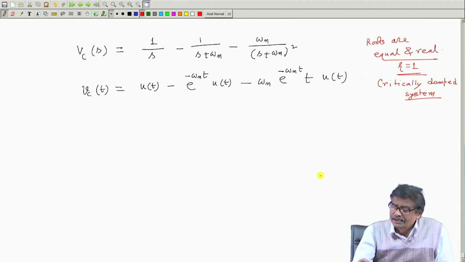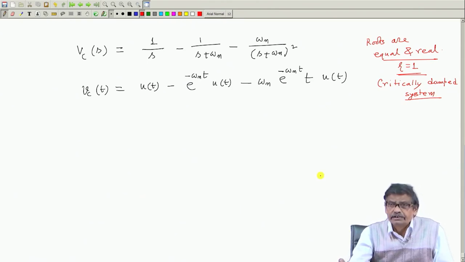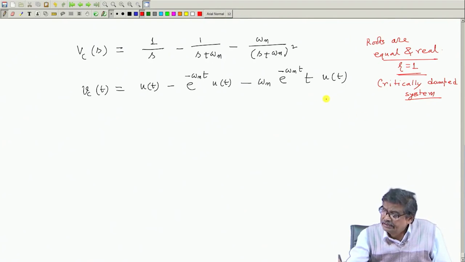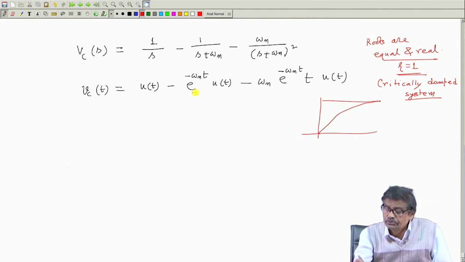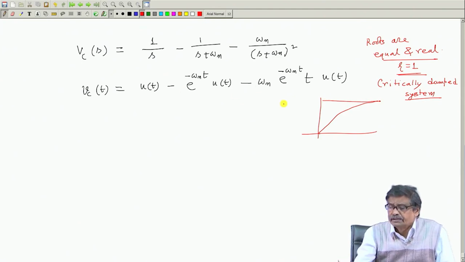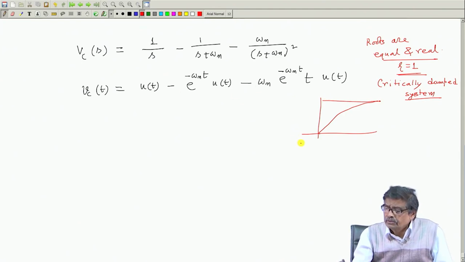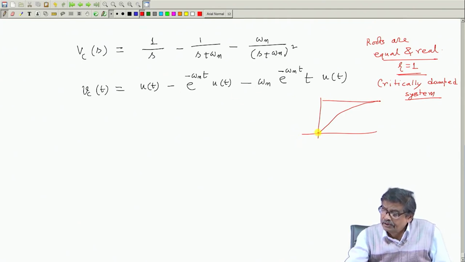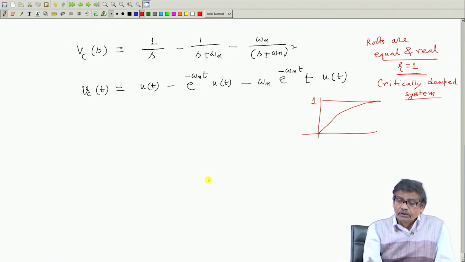It will be almost like an exponential, there will be no oscillations with frequency omega n. Finally the solution will be something like this. Once again, add these two terms at different times, so you have to add one exponential term growing from u of t and so on. This is one.